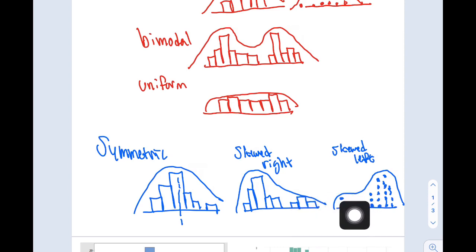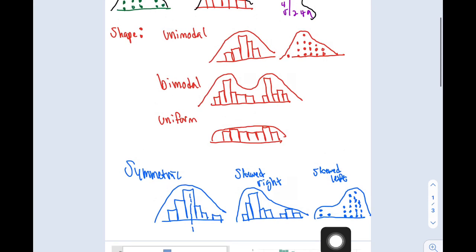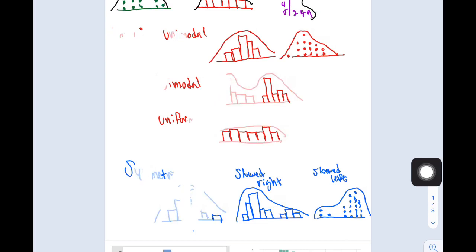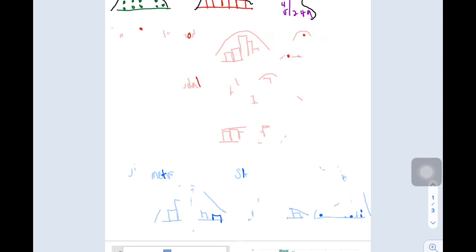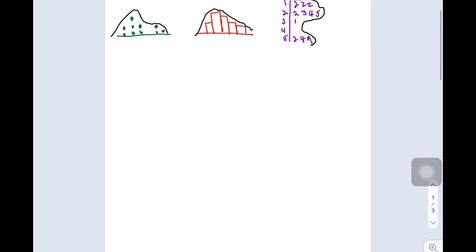So like these over here, they look like they could be possible outliers, and this one even. That's the direction that it's skewed. So when we talk about shape, mention how many modes, or if it's uniform, and then mention symmetry and or if it's skewed. So we've got shape down. The rest of this is a lot quicker. So shape, center, spread, and unusual features.